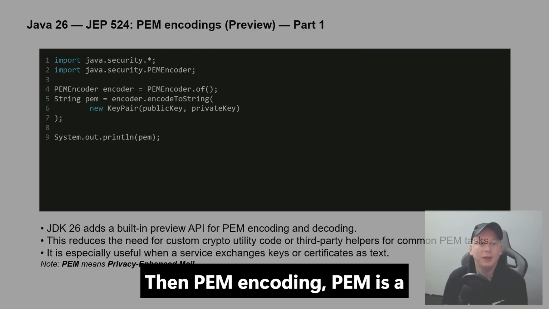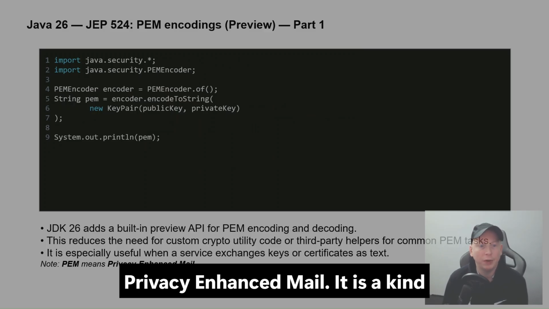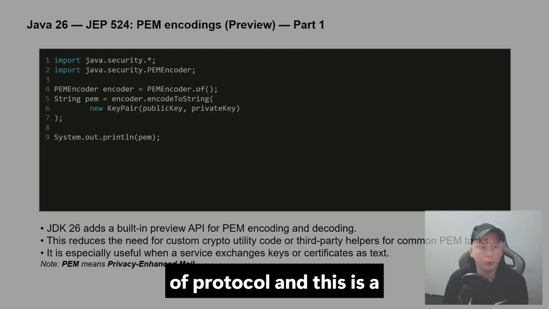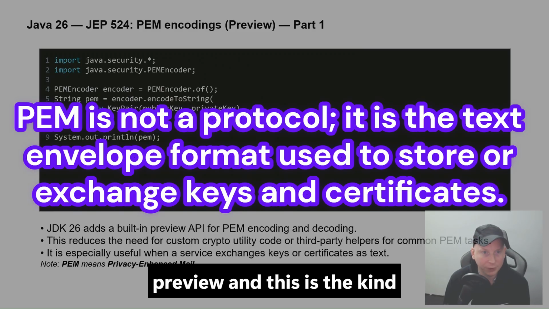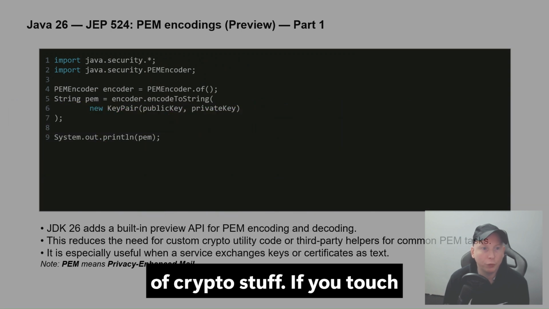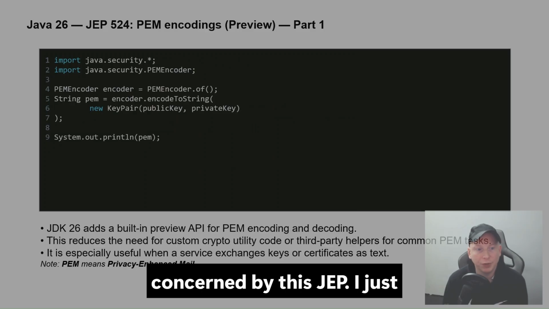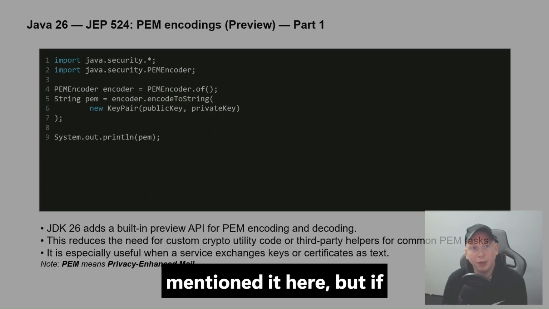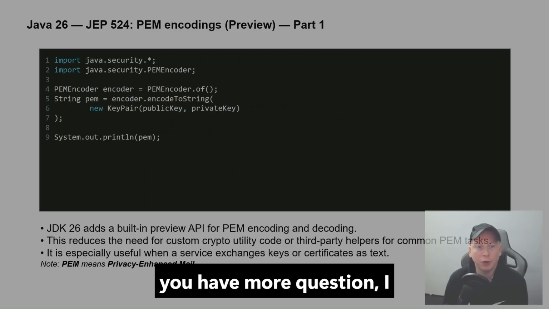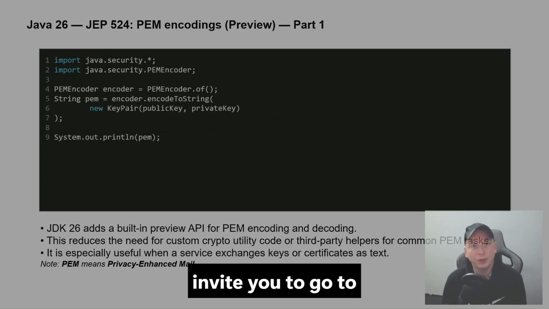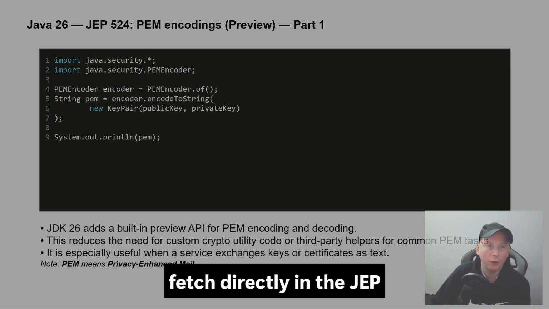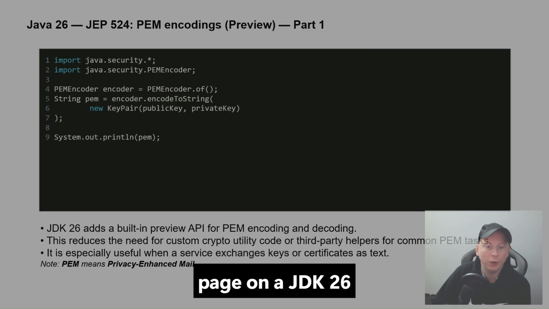Then PEM encoding. PEM is Privacy Enhanced Mail. It is a kind of protocol, and this is a preview, and this is a kind of crypto stuff. If you touch security, you might be concerned by this JEP. I just mention it here, but if you have more questions, I invite you to go fetch directly on the JEP page on the OpenJDK website for JDK 26.